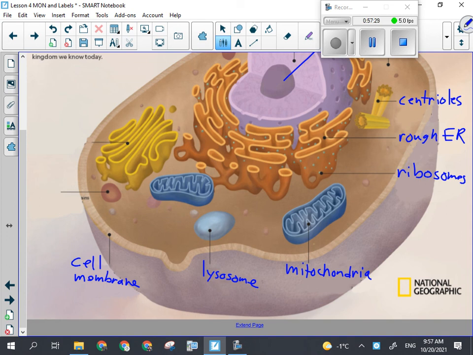A vesicle that contains digestive enzymes and food, and digestion is taking place, is a lysosome. A vesicle that only contains the enzymes and has no food in it is a peroxisome. So it's like a precursor to a lysosome. It's an empty stomach. Sorry, and that's an M. Right, my penmanship is terrible.